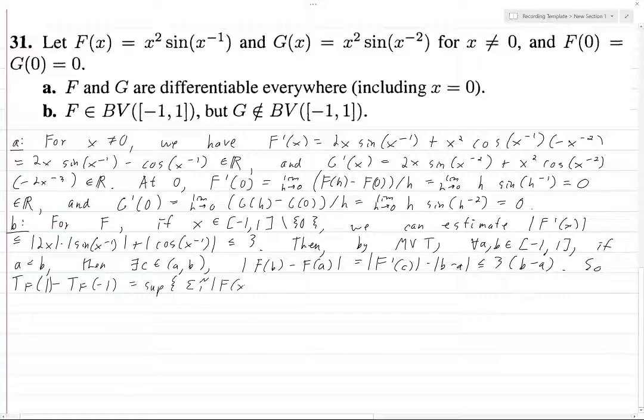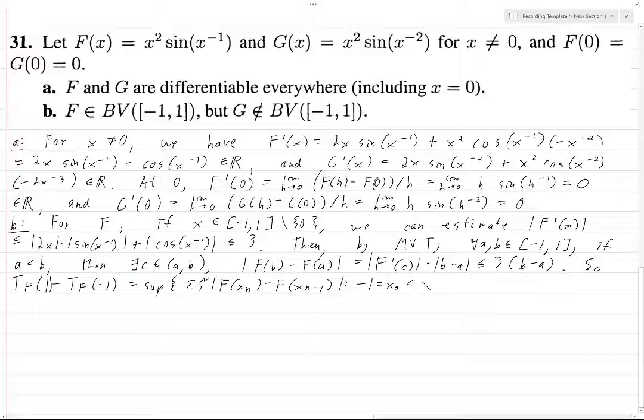N's are much easier to draw, especially when you have to do it small. Then we've got -1 equals x_0 is less than x_1 is less than all the way through x_N, which is equal to 1.